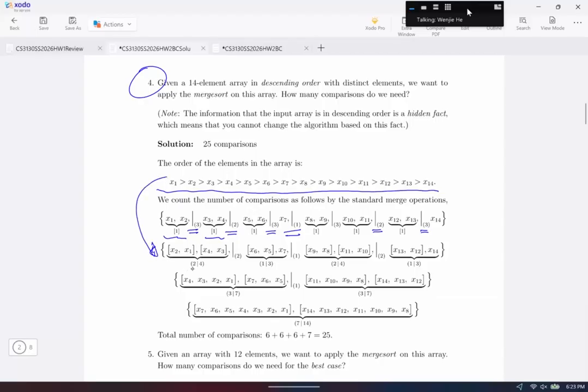You can count the number of comparisons. Here, I use this notation. Look at inside the parentheses. I store 2 numbers because later we have 2 questions. We need to use these 2 numbers. Here, the first number means the number of comparisons.